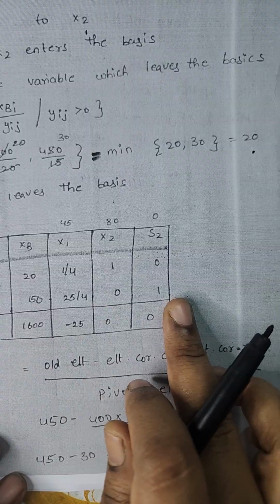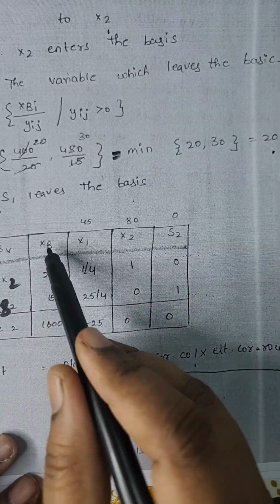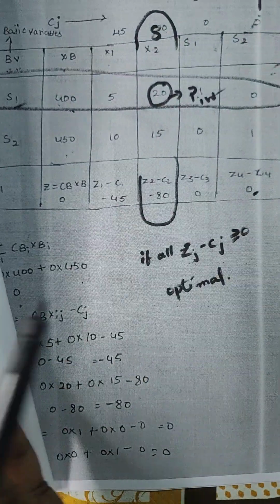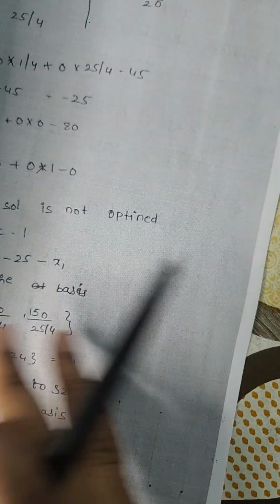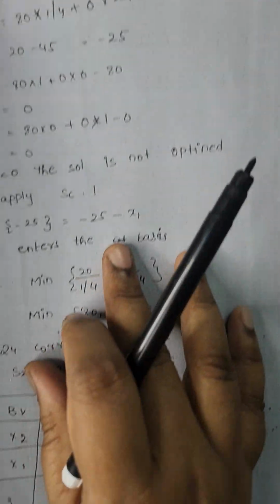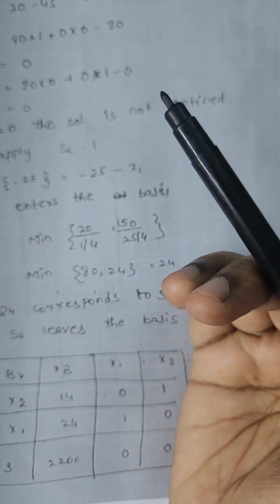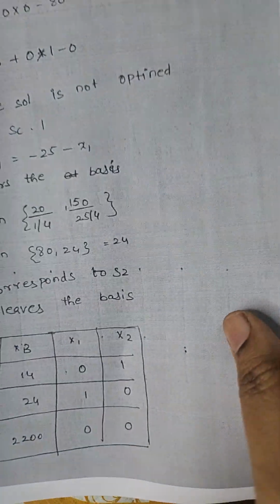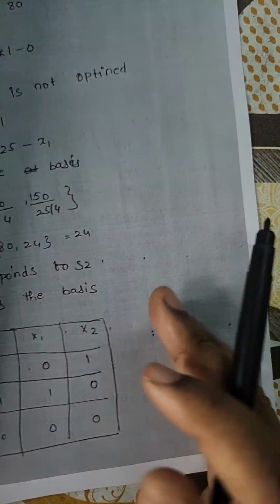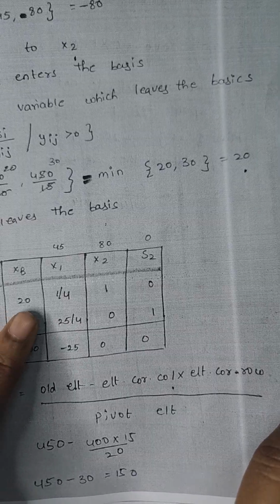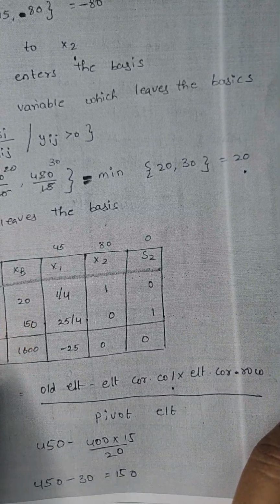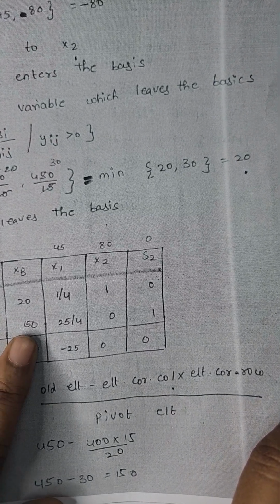After finding the new elements in the second table, find CB and XB. 80 into 20 is 1600. 0 plus 150 into 0.